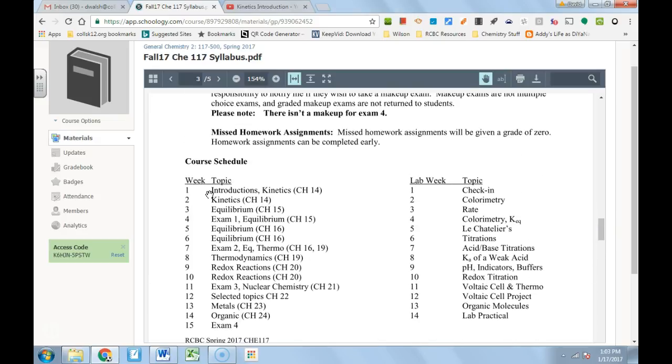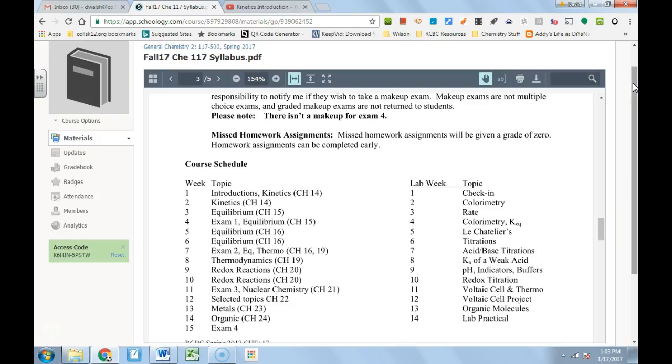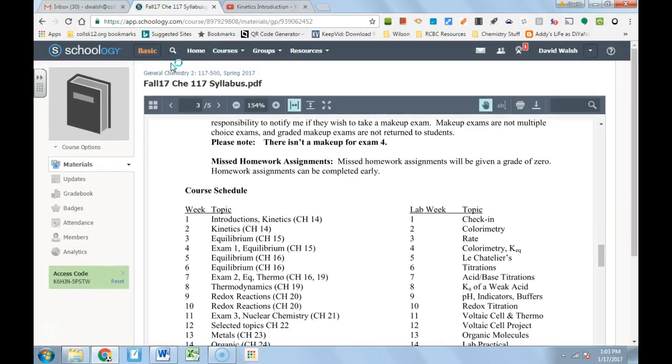I try to work hard lining up the topic of the week with the lab, so that you're not getting too far behind. And you'll notice that there are 4 exams, as equally spaced as I can get them. You may want to mark those down. This is also right in Schoology for you to be able to look and see.